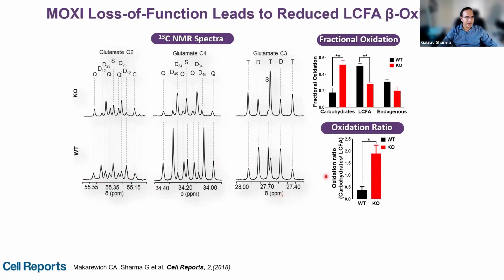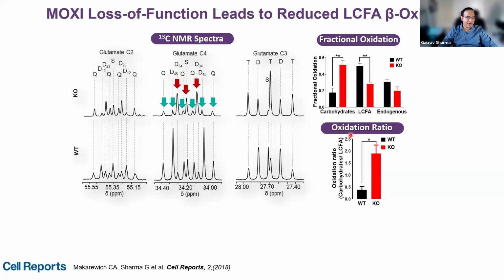If you look at this, one need not be an expert to see the gross changes among the spectra. If you follow these arrows from the previous slides, the green arrows show what is coming from the long chain fatty acid, and the red arrows show what is coming from the glucose. You might see that the long chain fatty acid is decreased.